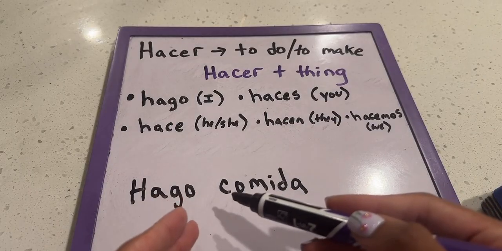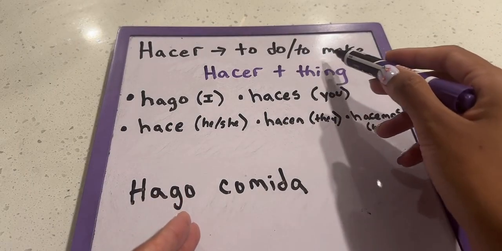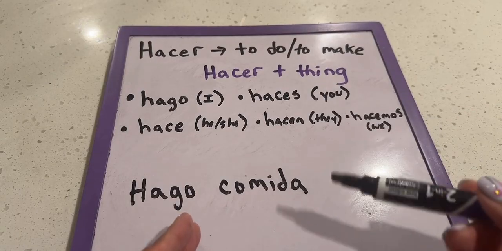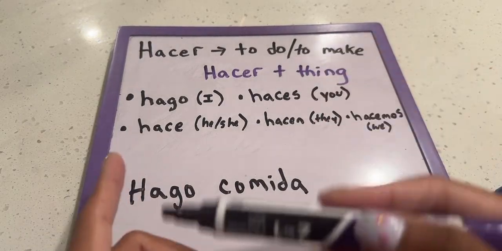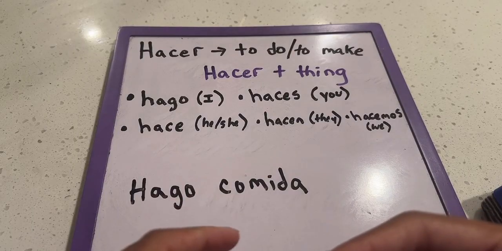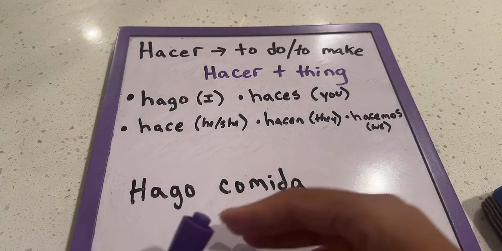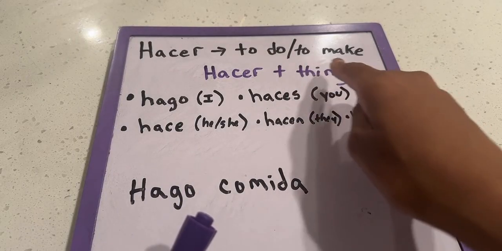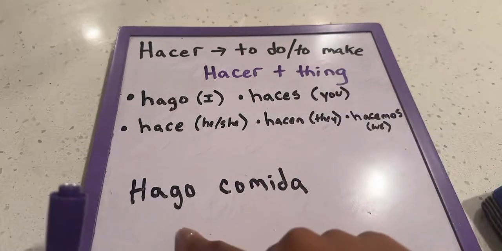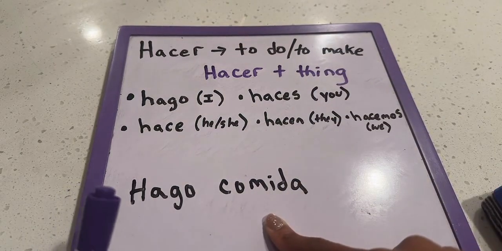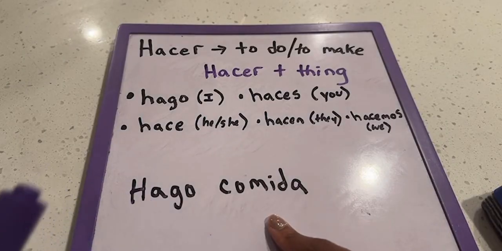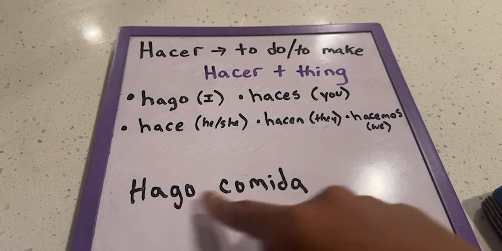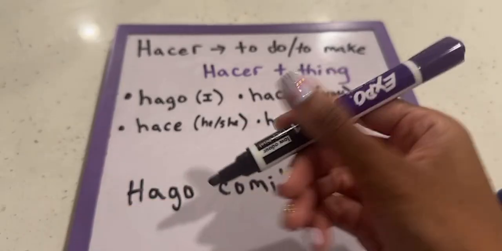So based on the context, we have to switch to the other definition, which is to make, because that sounds better and makes more sense to say I make food than I do food. So just go by context. Whatever the sentence is, that will tell you if it's going to be to do or to make, because there are two definitions, but you'll go off of what makes sense for the sentence. Gracias por venir. Thank you for coming. So hago comida, which is I make food.